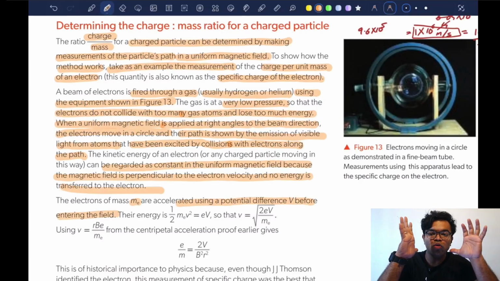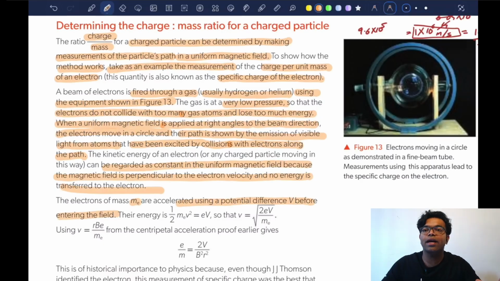Okay, now how do you provide an electron with some amount of velocity? You accelerate it, right? Initially the electron was at rest. Now I'll give you a simple example. When you are driving a car, you want to drive the car at 50 kilometers per hour, but do you start by actually having 50 kilometers per hour of speed?